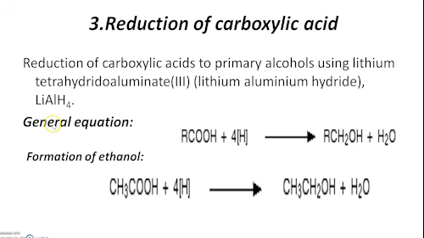Now the last reaction, reduction of carboxylic acid. What is reduction? Addition of hydrogen, you can see here, and removal of oxygen. This reaction happens in the presence of reducing agent, the agent that donates hydrogen.